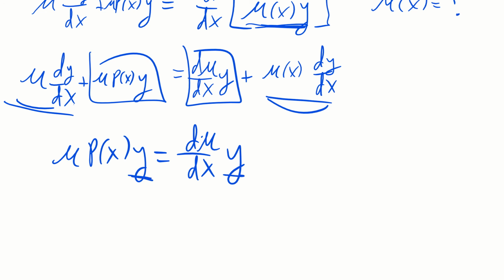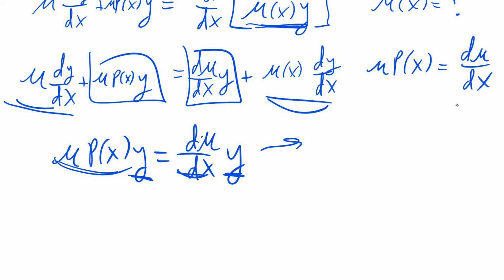These we can think of as both being some function of x times y, so we would need those coefficient functions to be equal. That implies that we need mu times p of x to be equal to d mu dx. This gives us an expression where we should be able to solve for mu. This is going to be a separable ODE.